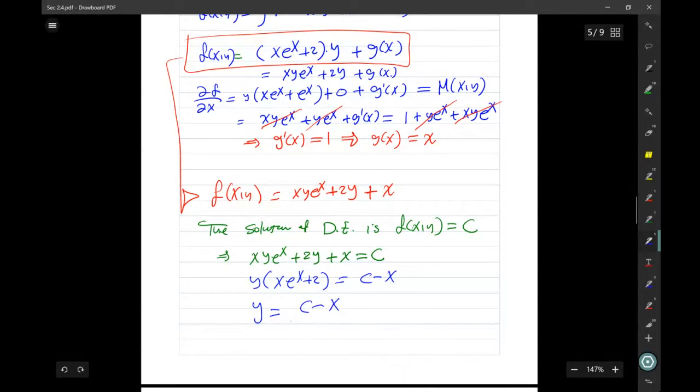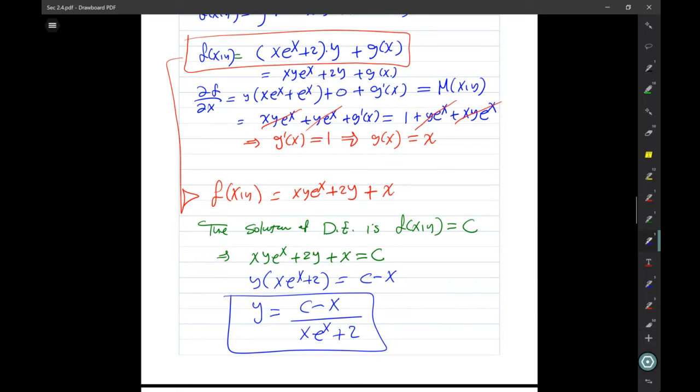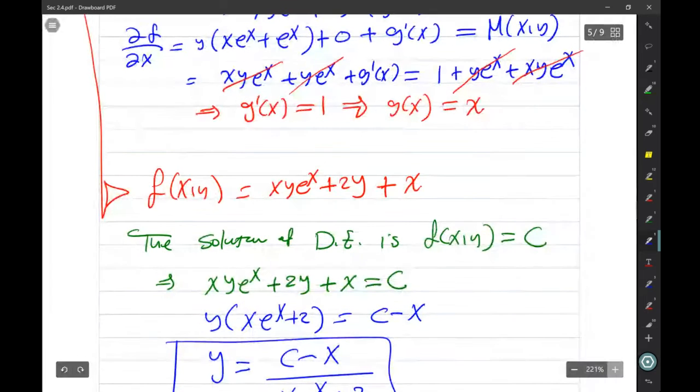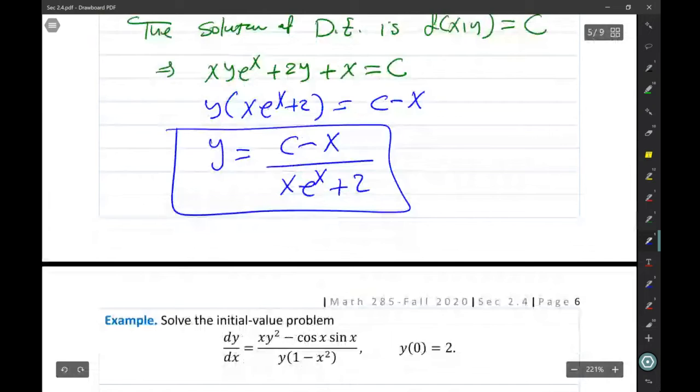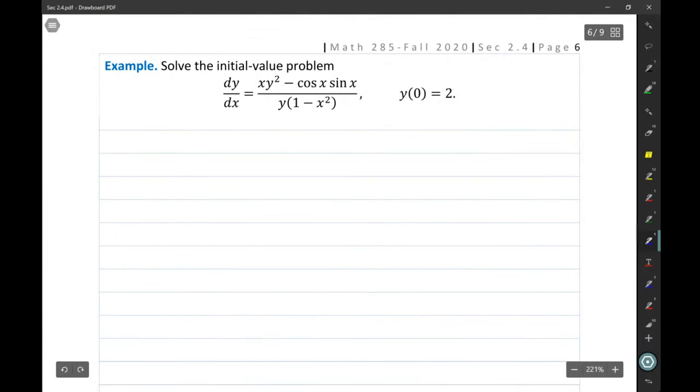So y will be c minus x divided by x ex plus 2. Is it clear, this example? Any question about this example? Okay, let us see the next example.